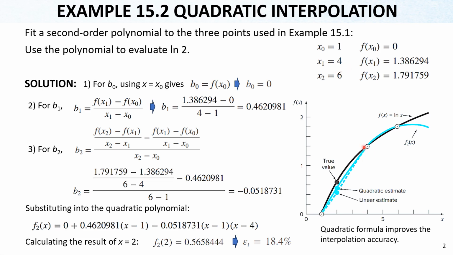But this blue continuous curve is the quadratic interpolation that we fit here, this one. And the result is much closer to the true value, and that's why the error is better when we compare the errors we calculated in example 15.1. So the quadratic formula improves the interpolation accuracy, and this is a good example that shows it.